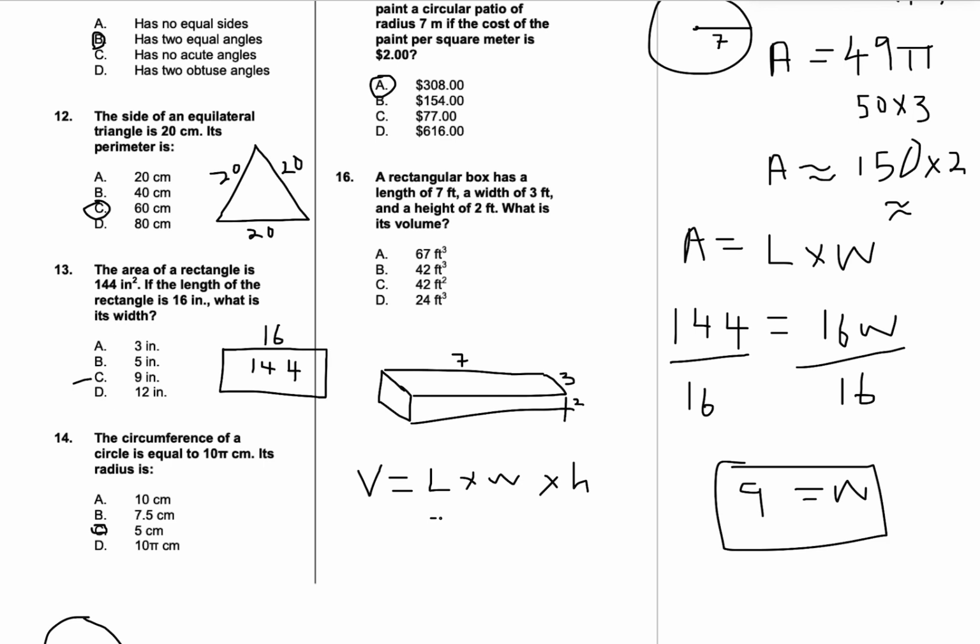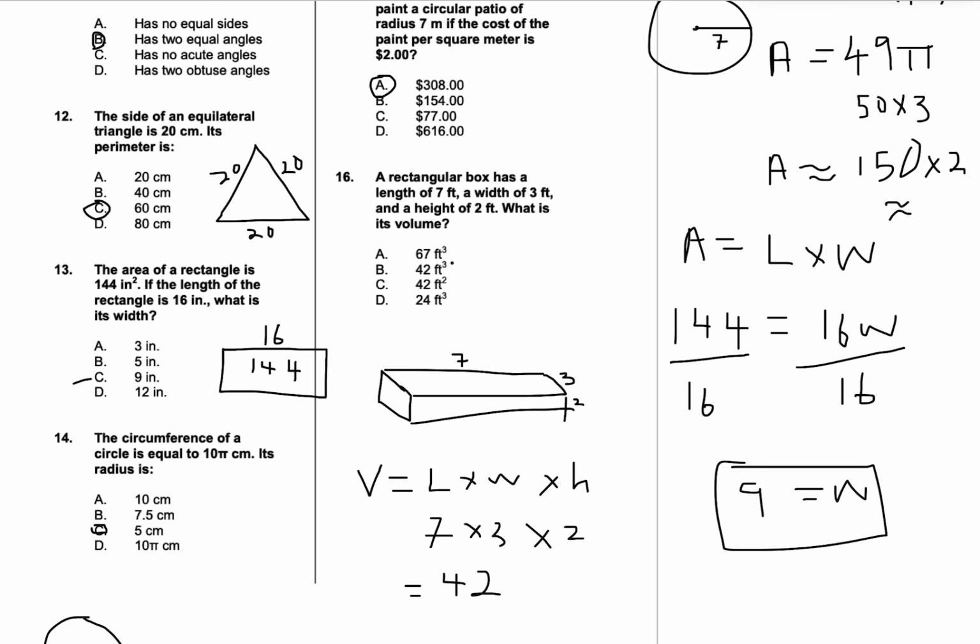So we could just take the 7 times 3 times 2, which should be, 7 times 3 should be 21. 21 times 2 should be 42. But this is three-dimensional, right? Once we go back to pick a solution, I realized that we got two 42s.